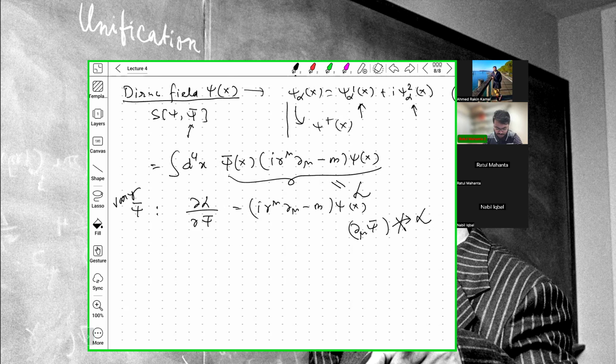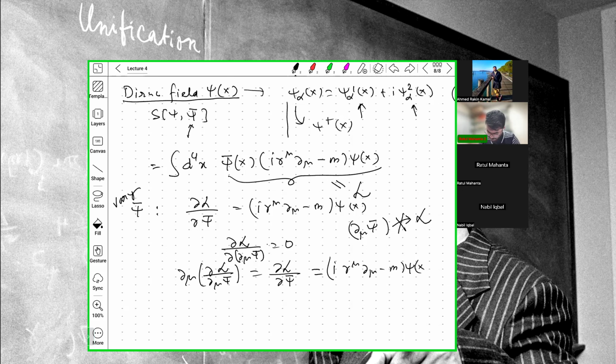So this is zero, and therefore the Euler-Lagrange equation will be this, which is the Dirac equation.